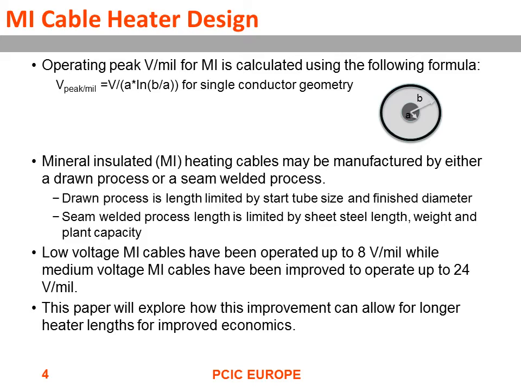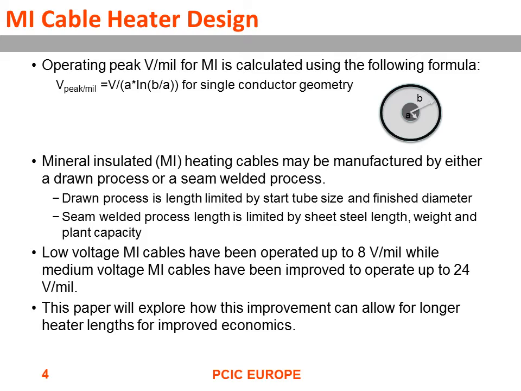The drawn process, you have a start tube of a diameter, say a 2-inch diameter. You put the center conductor in, as you see here. You put powder fill around it of MgO, and then you run this through a drawing bench, and as a consequence you reduce the 2-inch diameter down to a 1-inch diameter or something like that.